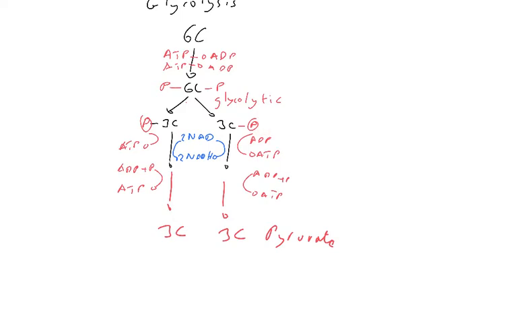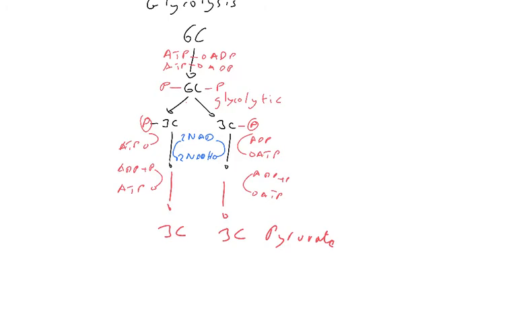At the same time, this is an oxidation step, the electron is transferred onto the NAD to form NADH, and then sufficient energy is also released to produce another 2 ATPs. These ATPs are produced, again, I must emphasize, through substrate level phosphorylation.